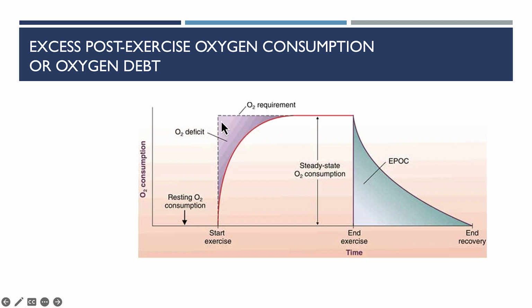So this oxygen that's been used needs to be repaid. That means that when we finish our exercise, this is where the excess post-exercise oxygen consumption takes place. You'll have noticed this, that if you ever finished a sprint, you often have big, deep breaths. That's what will be happening here.